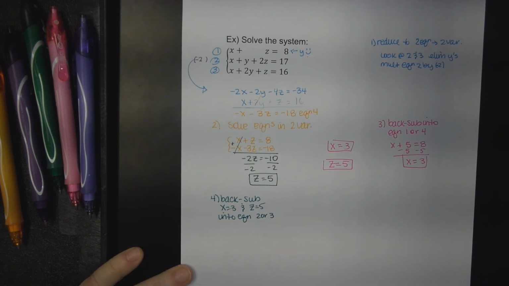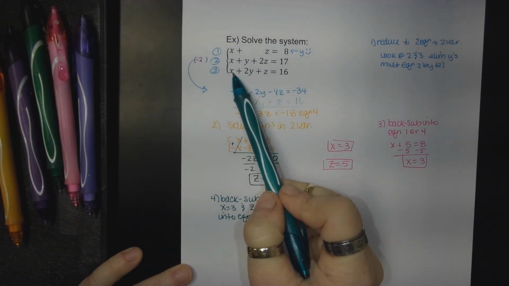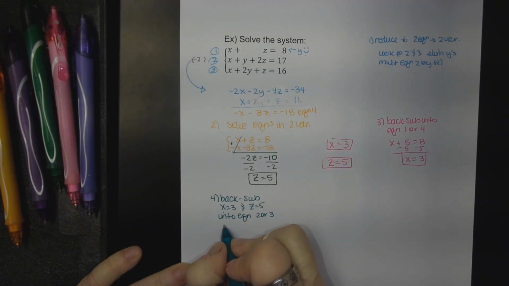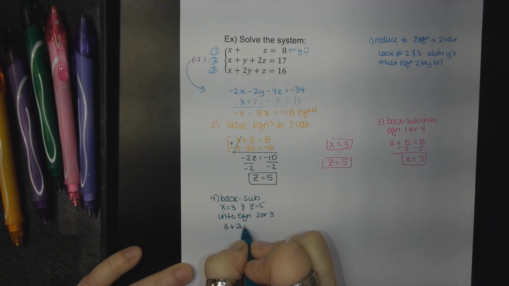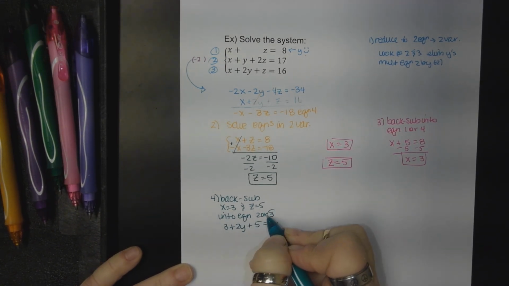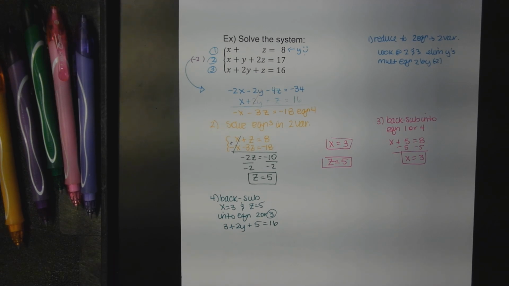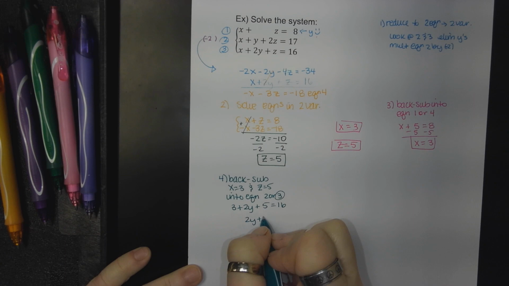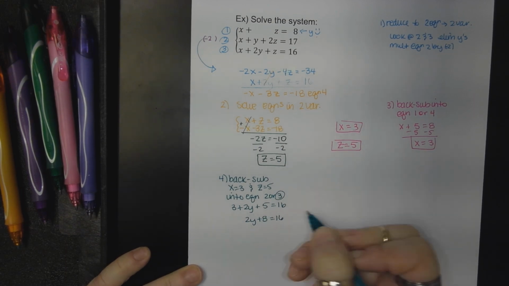Whichever one you prefer. I did number 3. So I did 3 plus 2y plus 5 equals 16. I'm just going to circle 3 so you know which one I'm doing. Okay? So this is 2y plus 8 equals 16.